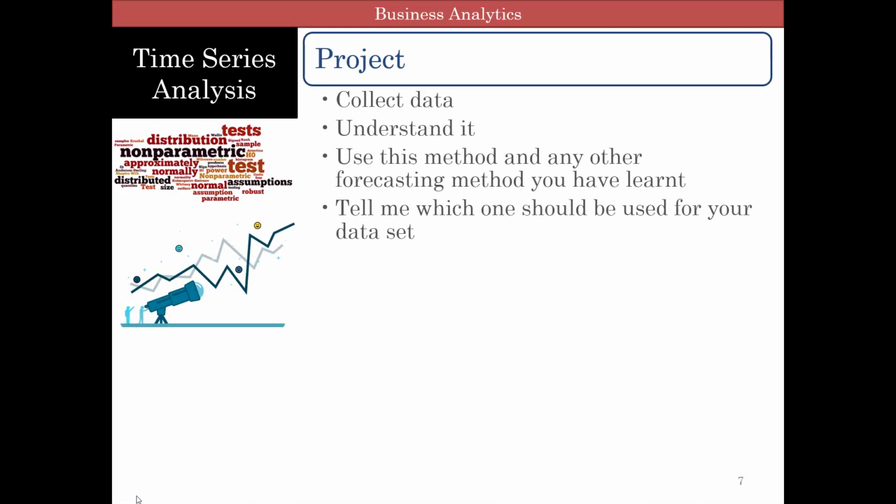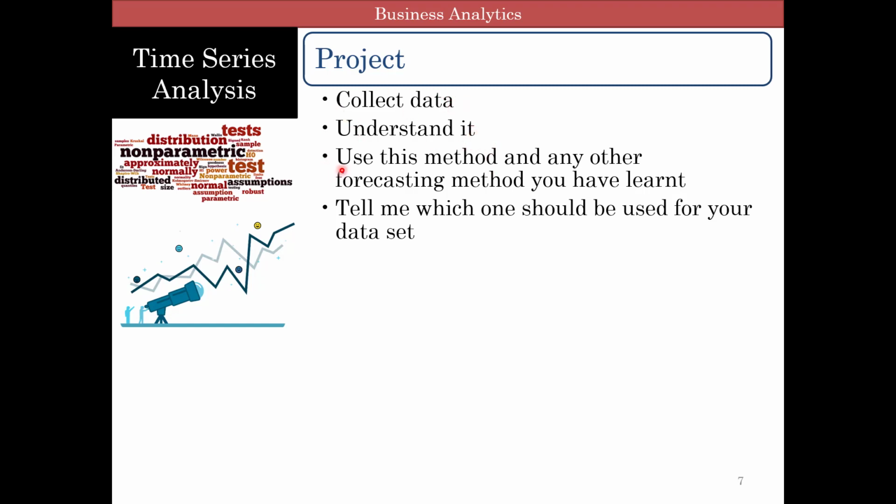So the project, as we talked about, is that you're going to pick any data, collect data of anything that you're interested in. It could be Apple sales, it could be Chick-fil-A, but collect data. Make sure it's monthly, and make sure you have at least 5 or 6 years of data. Try and plot it, understand it.